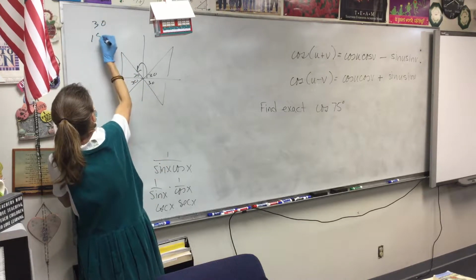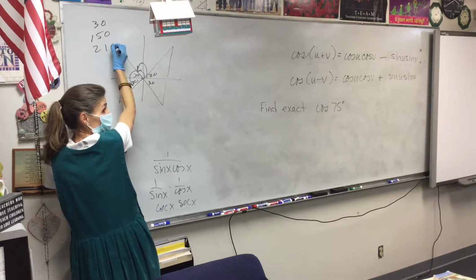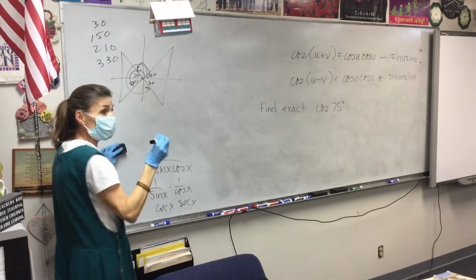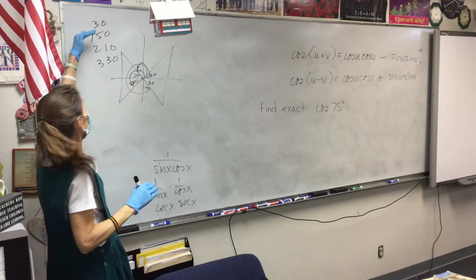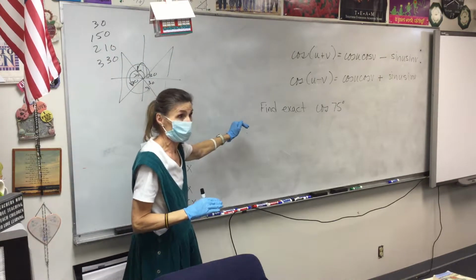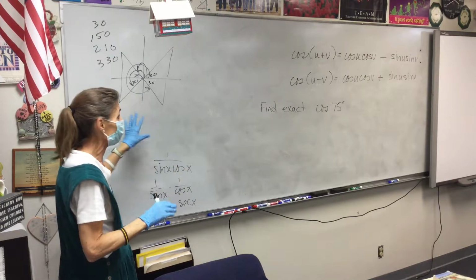So you could do 30 and 150. You could do 210 and 330. So when we said 30, 60, 90, we're really talking about all the 30s, all the 60s, all the 45s, right? Okay, so there's a lot more than just 30, 60, and 45.